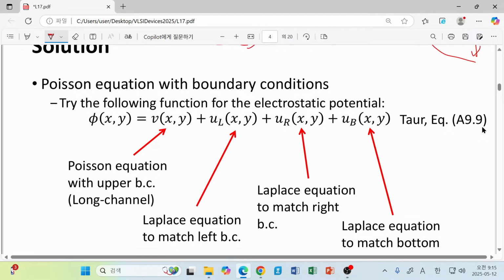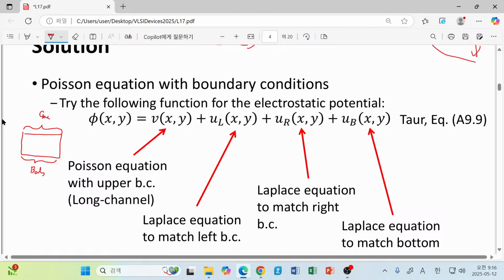Simply speaking, now we have 4 sides, and on all 4 sides we have a direct boundary condition. Let's just remember, for the top we have the boundary condition corresponding to the gate voltage, and for the bottom, the body potential.